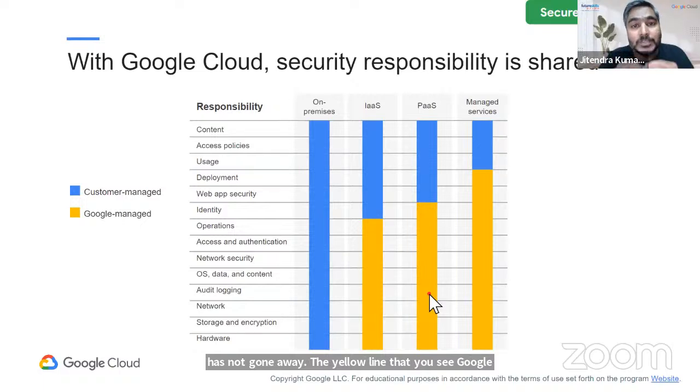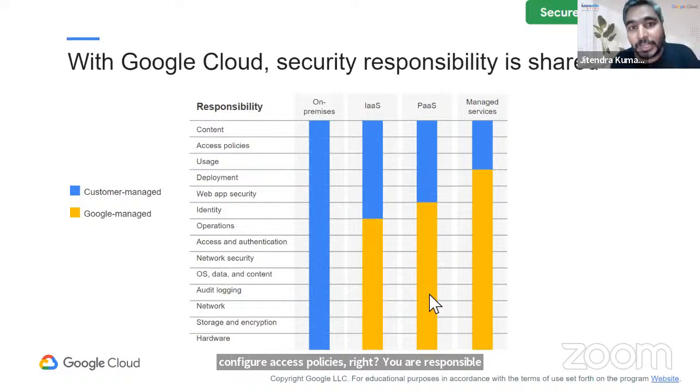Google is responsible for security of the cloud. And what you are responsible for as a Google Cloud user is security of everything that you bring into the cloud. You bring in an application, you create a database, you create a data storage bucket, you configure access policies. You are responsible for all of that.